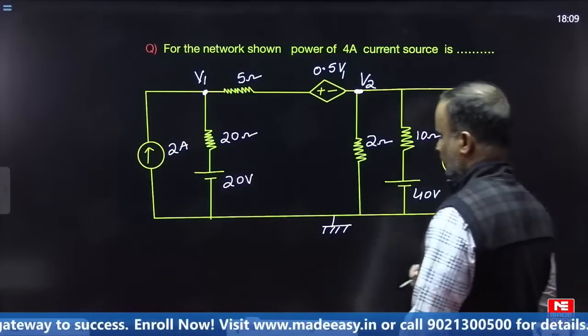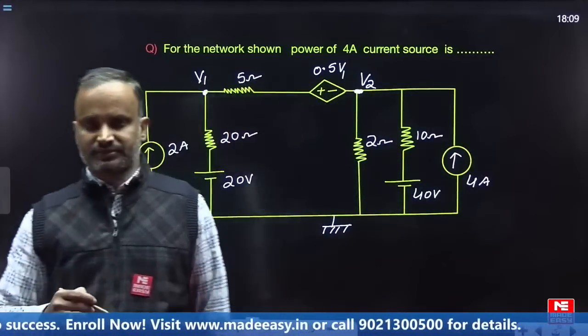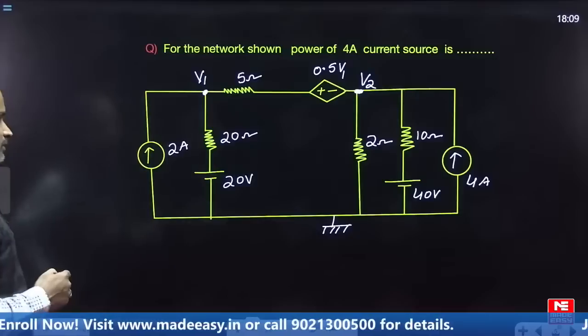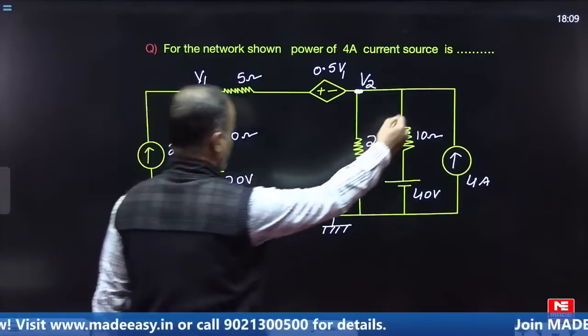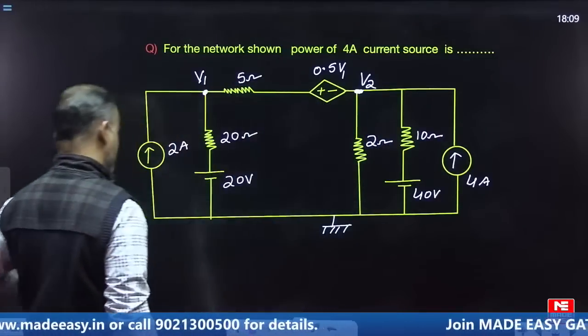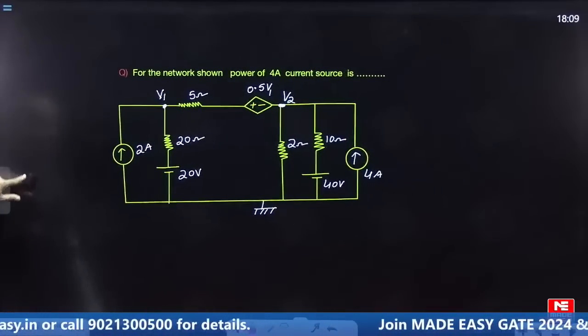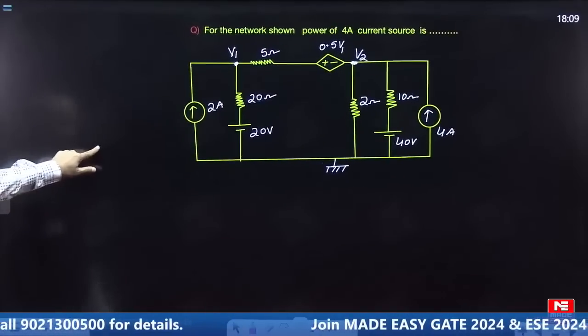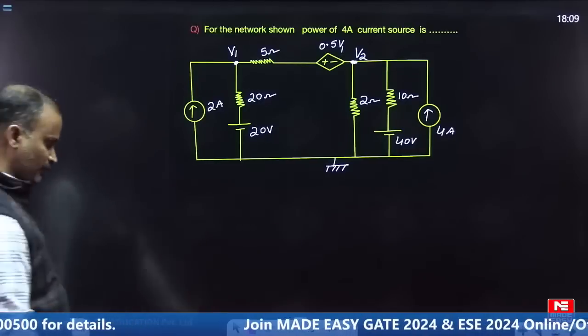Power corresponding to which one here? The 4 ampere source. Here to find the power, we need the voltage across the source. To get the voltage across the source, can I use nodal analysis in this example?